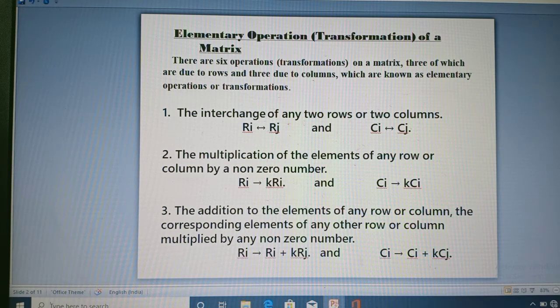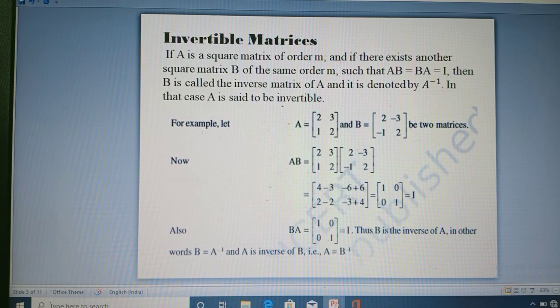These are called the elementary operations of a matrix, and using these we can find the inverse of a matrix, which we are going to discuss. Next, what is an invertible matrix? Students, suppose a matrix A is a square matrix, and B is another matrix which is the inverse of A, then the product of these two matrices must be an identity matrix.